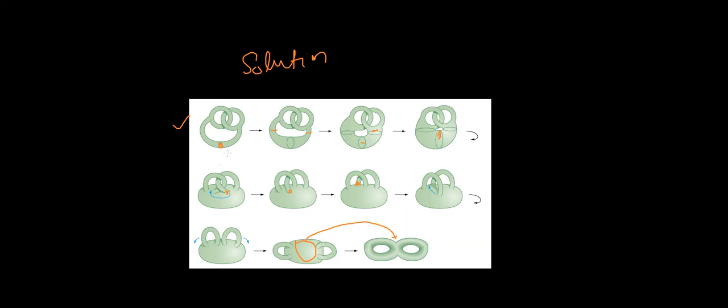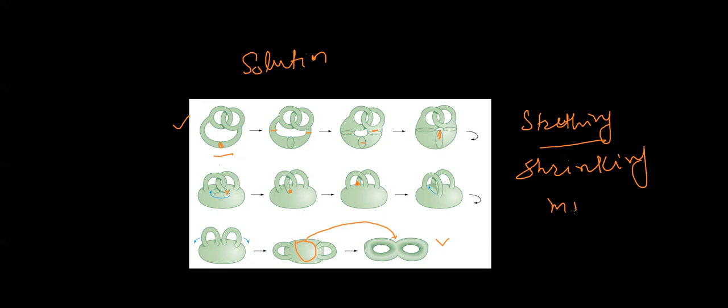So in other words, in order to transform this picture into this, you can observe from here that you have only used stretching, shrinking, moving the parts of the object, folding.